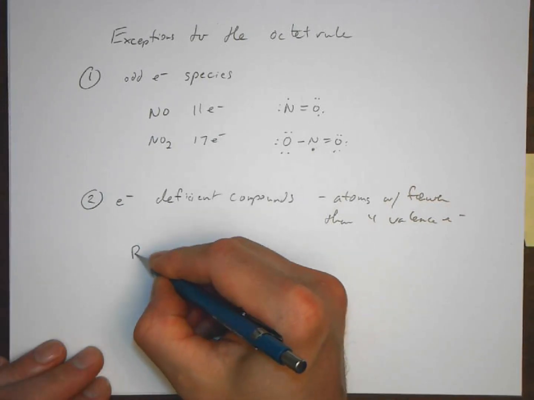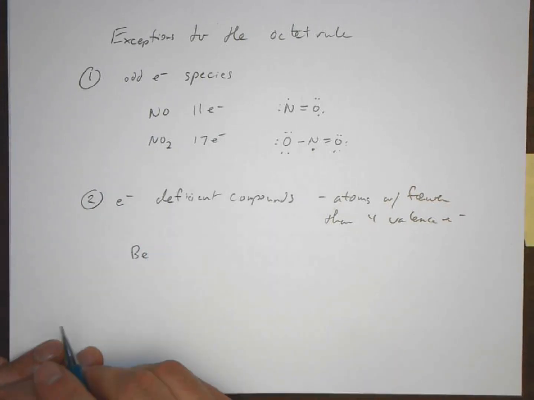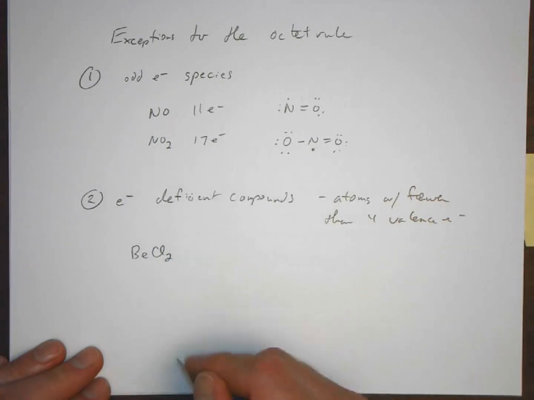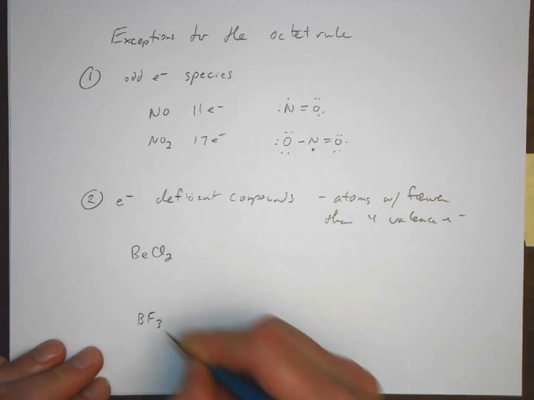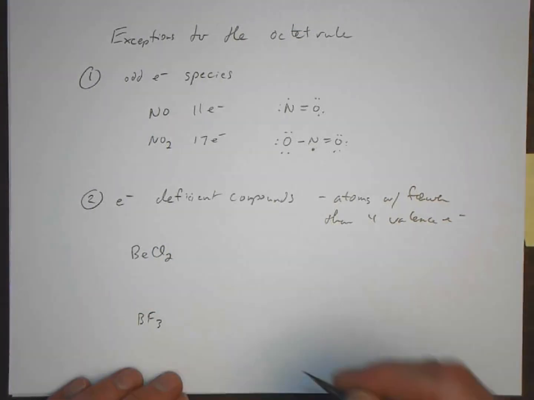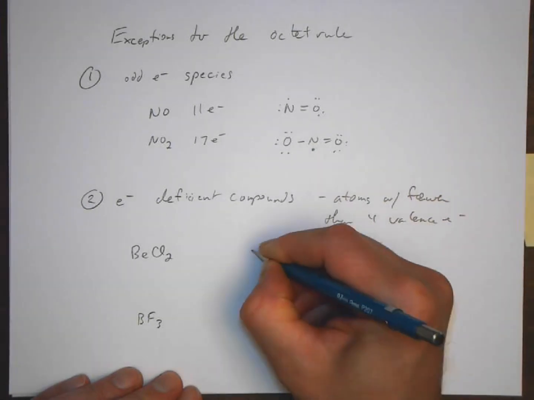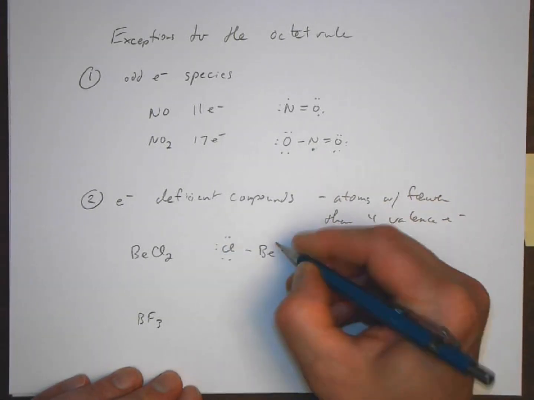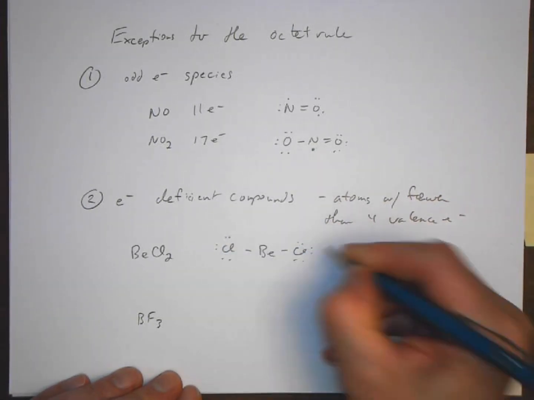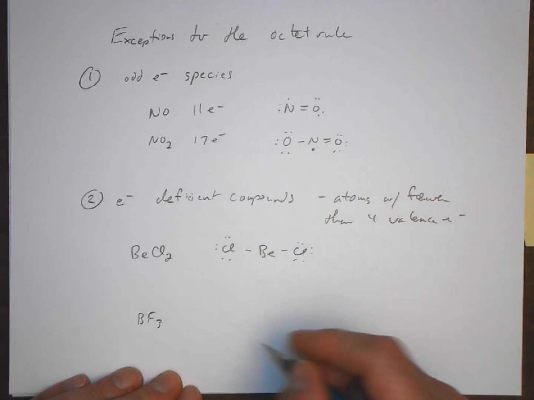For example, beryllium chloride or boron trifluoride. The best Lewis structures for those might look something like this.